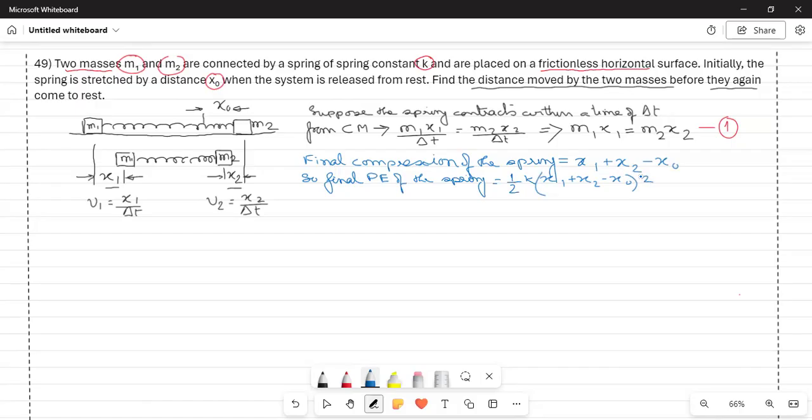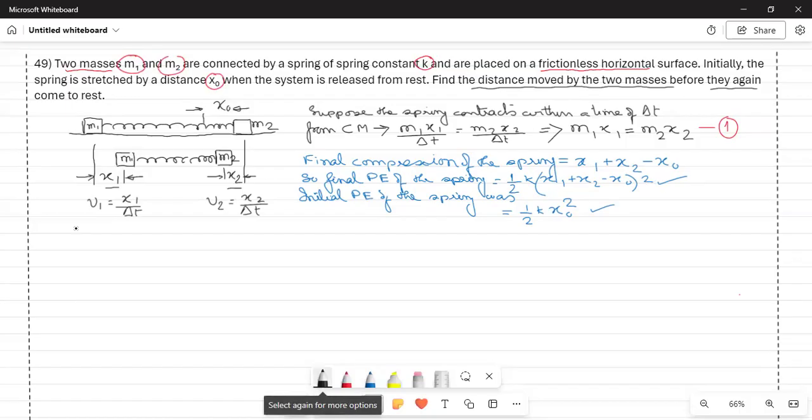And what was the initial potential energy of the spring? The initial potential energy of the spring was equal to half k x0 square. Now this energy and this energy have to be the same because there is no other external force.